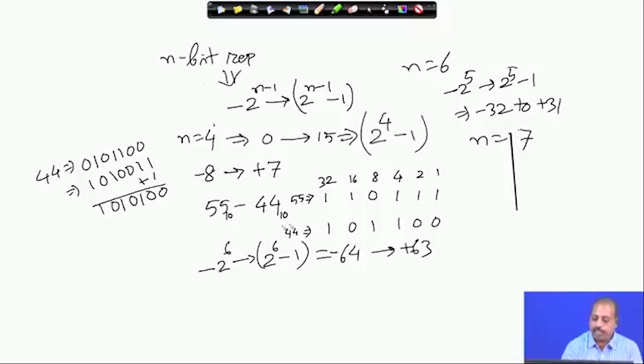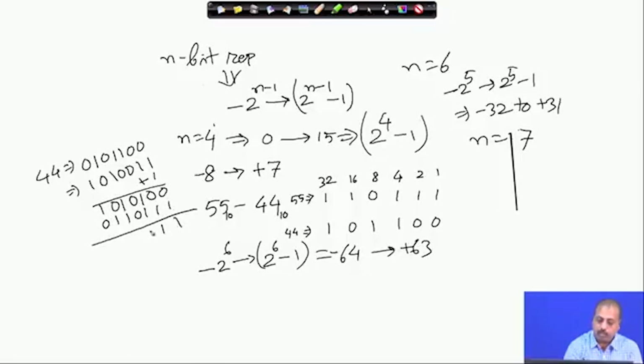Now, if I add this with 55, my operation is a subtract operation, but I do an addition. So, with this I add the number 55. 55 represented in 7 bit is like this: 0 1 1 0 1 1 1. Do this addition.